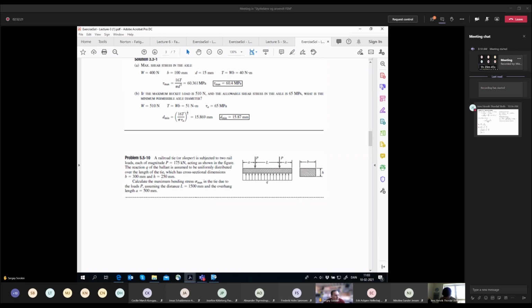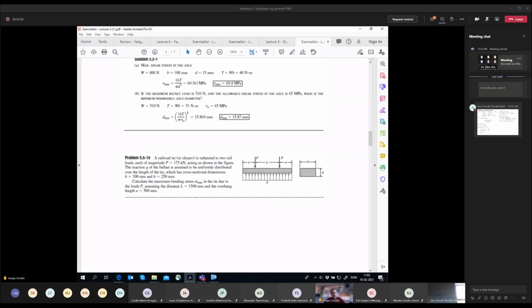The moment produced by this distributed load on this part of the beam is qx, which is the force resultant, multiplied by x over 2. Yes, but then you have to take this q times x. This is just the force resultant, but now you have to multiply by the arm.